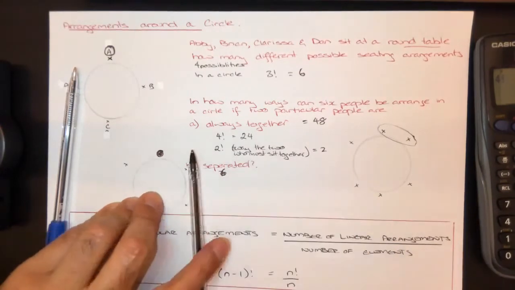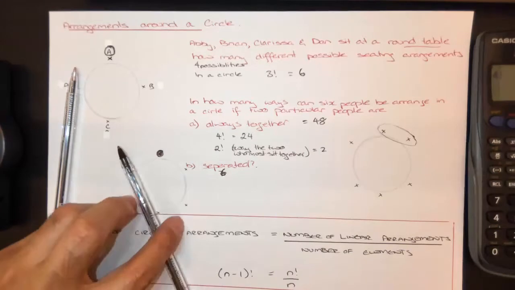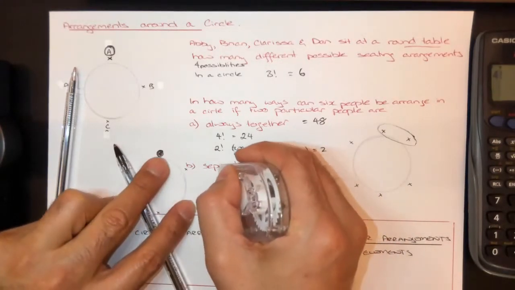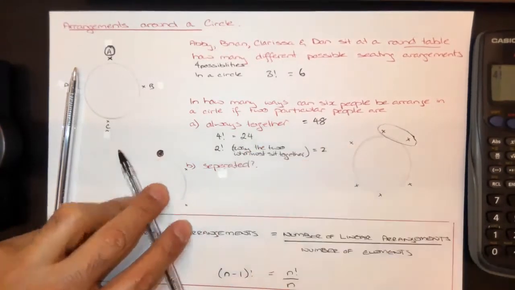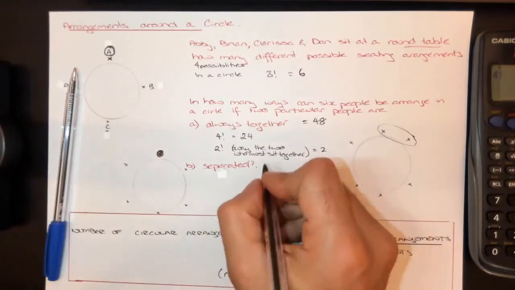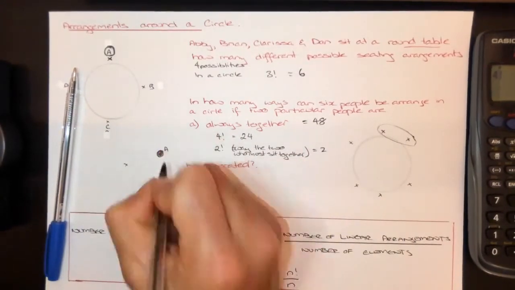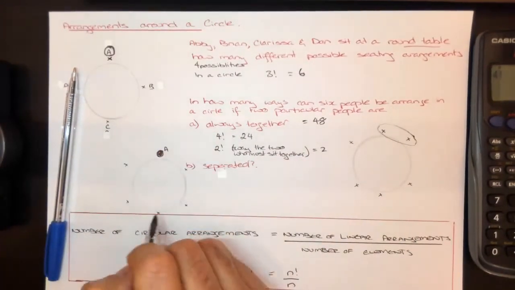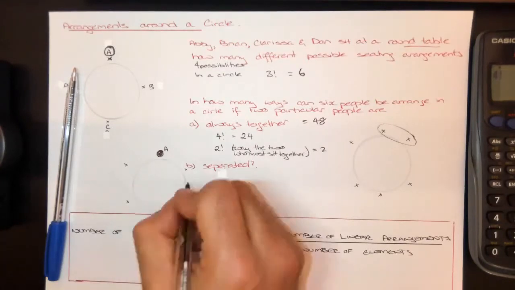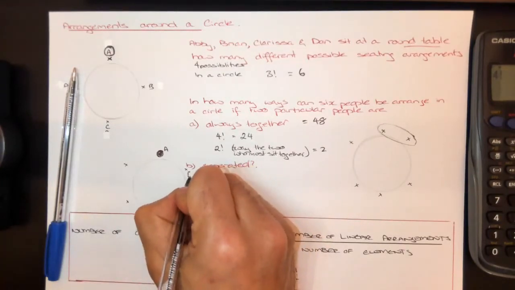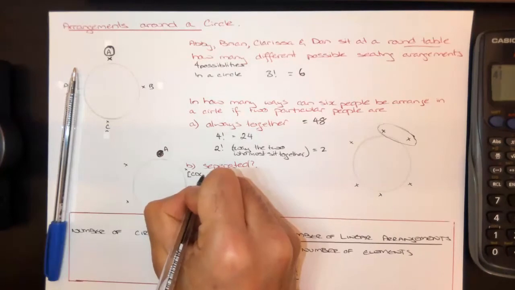I've got 2 people, and I want A and B to be separated. Let's say that's going to be A. I don't want B to sit next to him. So then this would have to be C, D, E, or F.